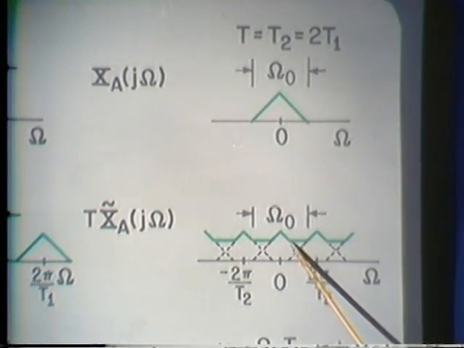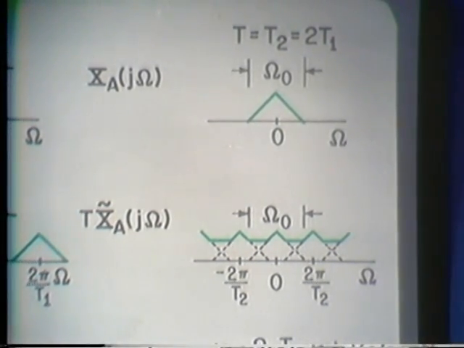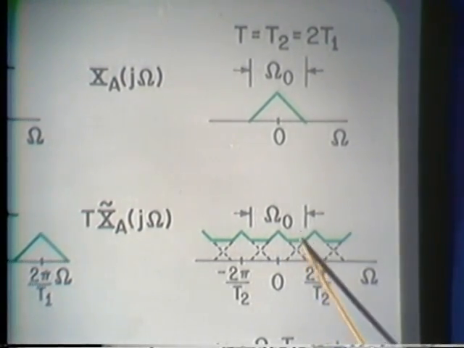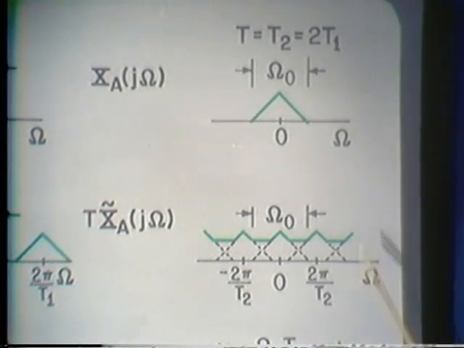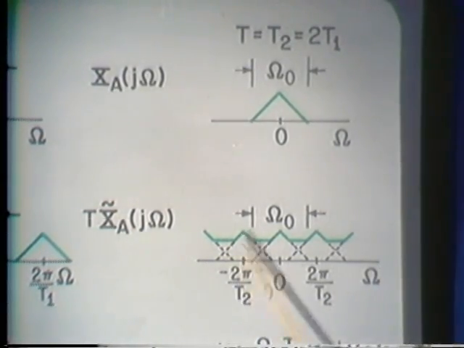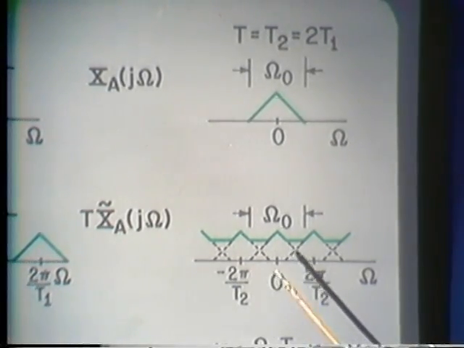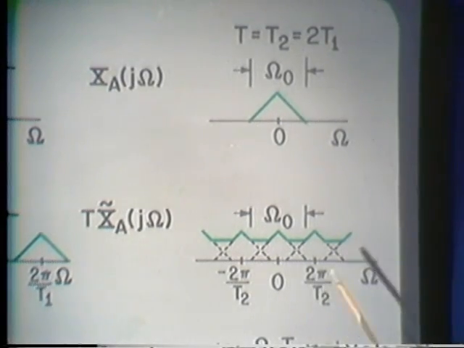So in that case, we get some interaction, or aliasing as it's referred to. And due to this aliasing, one period of this periodic spectrum no longer resembles the original spectrum. This is the Fourier transform for the sampled continuous time function. That is, this is the Fourier transform for the impulse train.